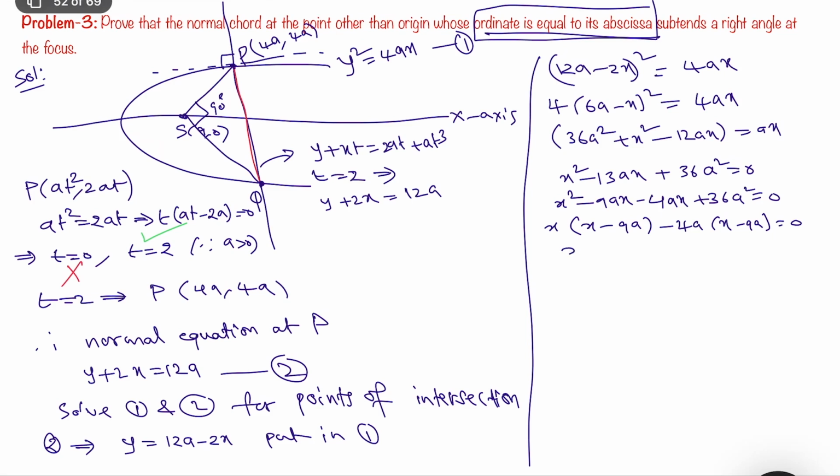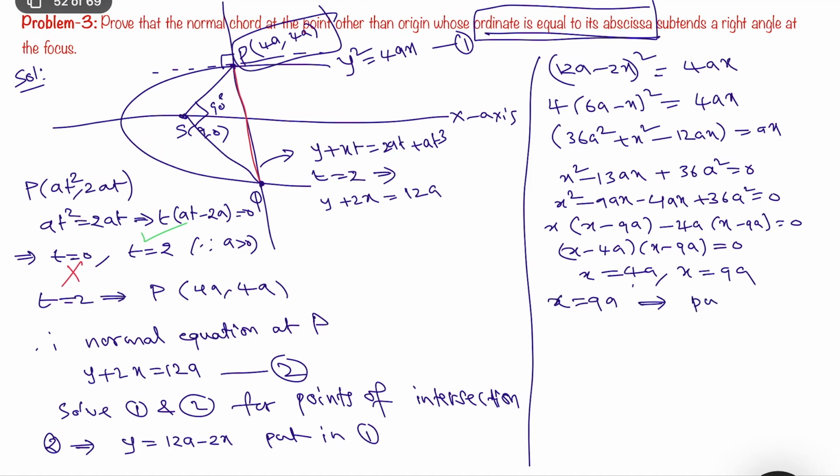So (x minus 4a) times (x minus 9a) equal to 0. That should give you x equal to 4a, x equal to 9a. For x equal to 4a, the point you get is this P; we already got it. Now let us focus on the x equal to 9a case. If you take x equal to 9a and put it in 2, what do you get?